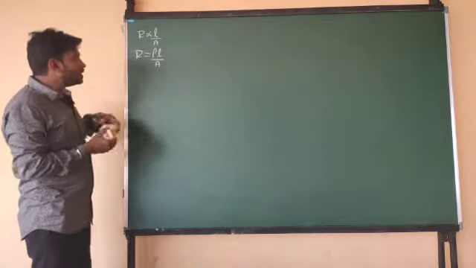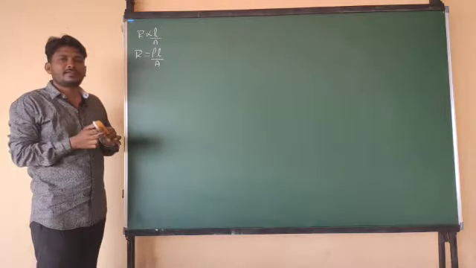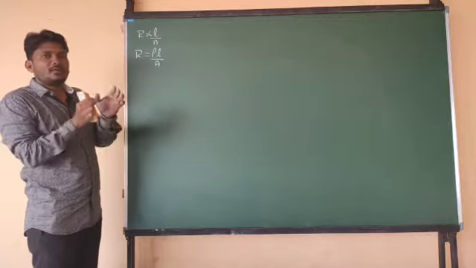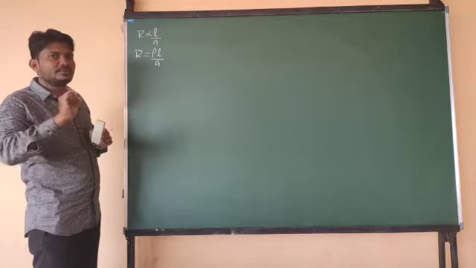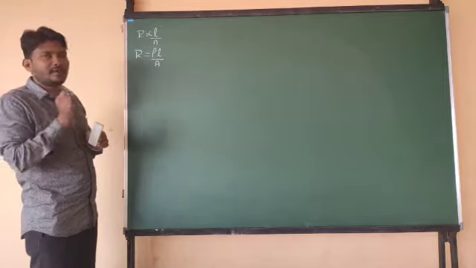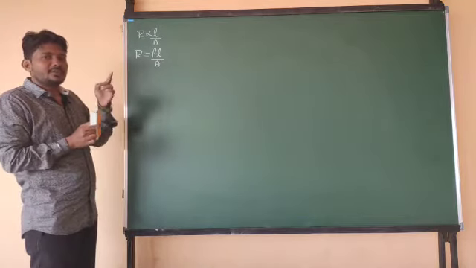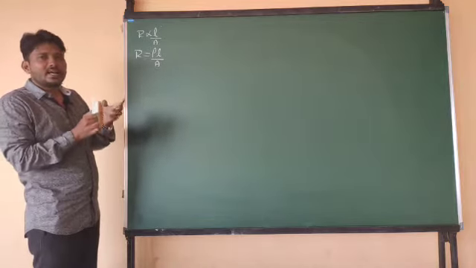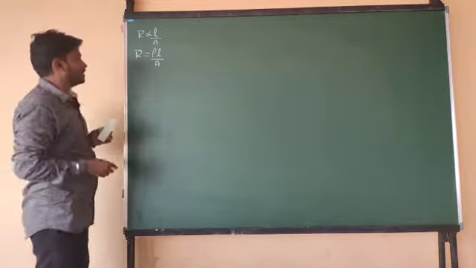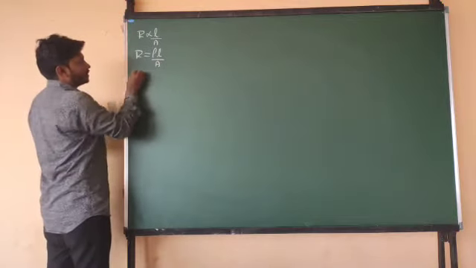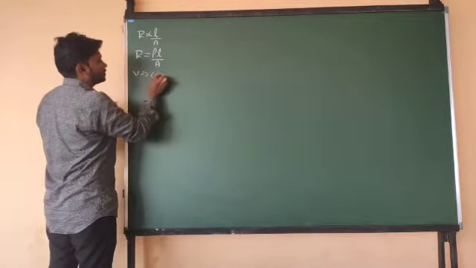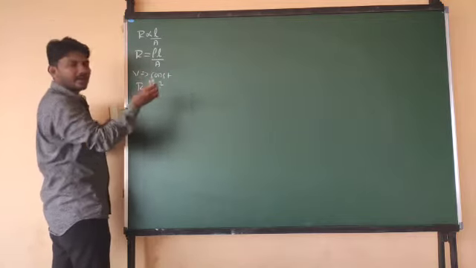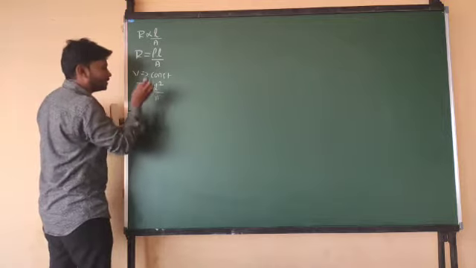In case of resistance, for example, if you consider one conducting wire, however you stretch or twist the wire, the volume of the wire remains the same. If the volume remains constant, what is the relation between resistance and length, resistance and mass, and resistance and area? If the volume is constant, then resistance is directly proportional to the square of the length and inversely proportional to its mass.